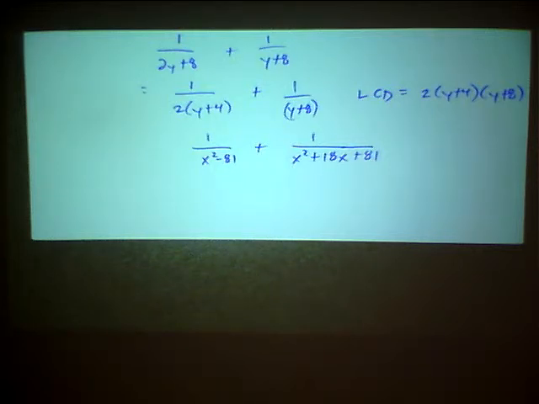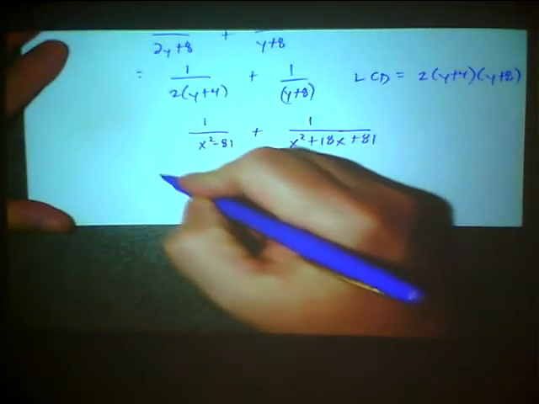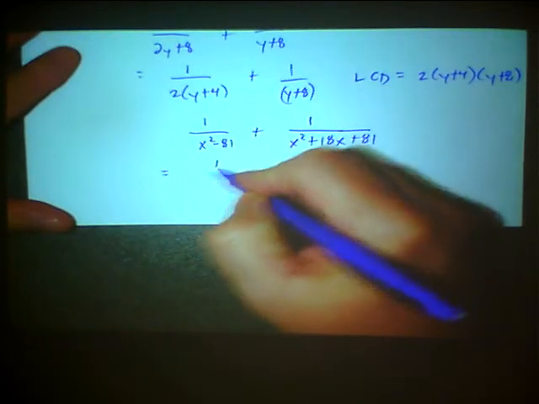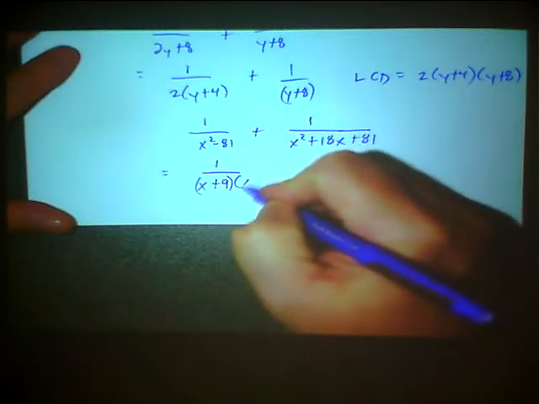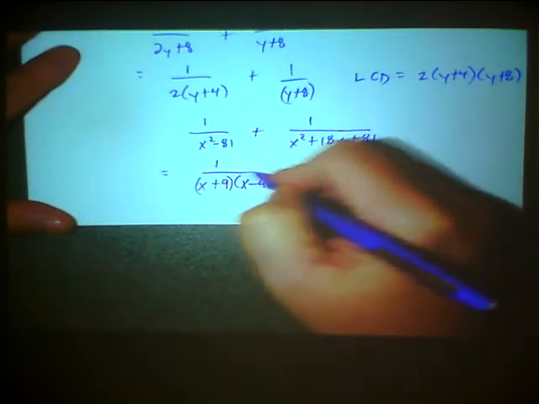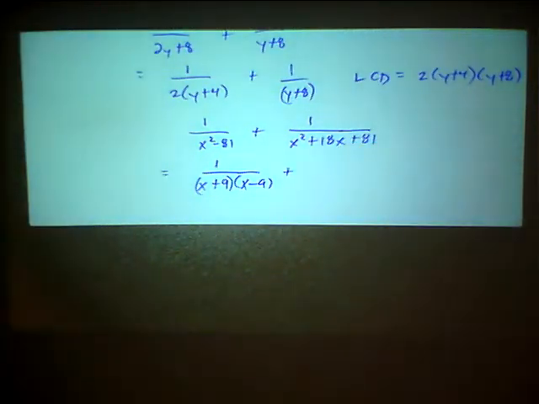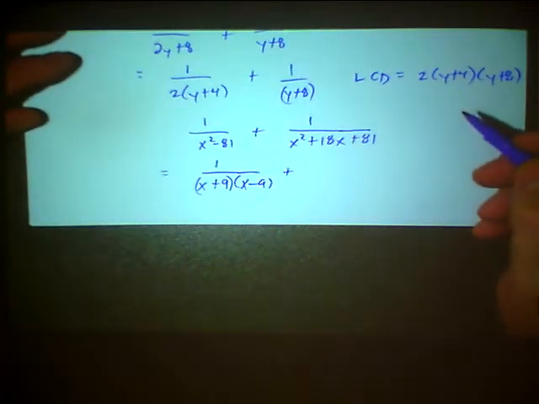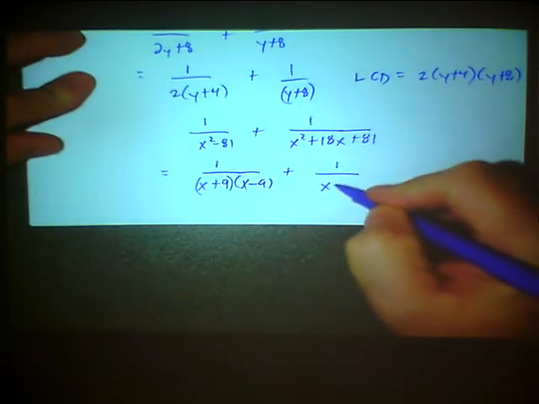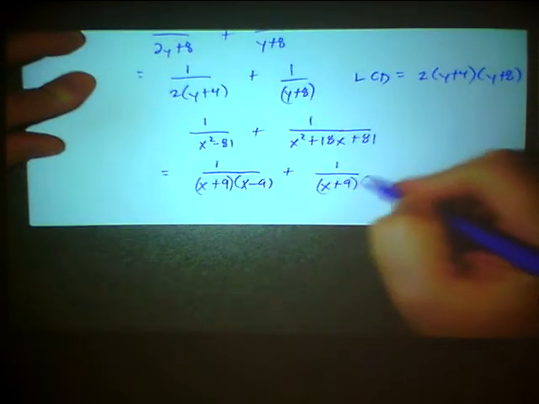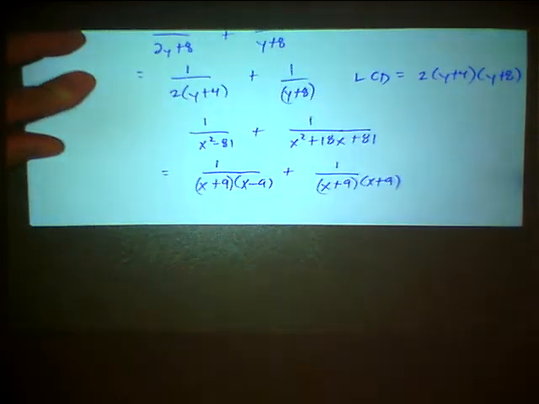Matter of fact, both of these denominators factor. This first one is the difference of squares. It factors into x plus 9 times x minus 9. The second denominator is a trinomial, and it factors into x plus 9 times x plus 9.